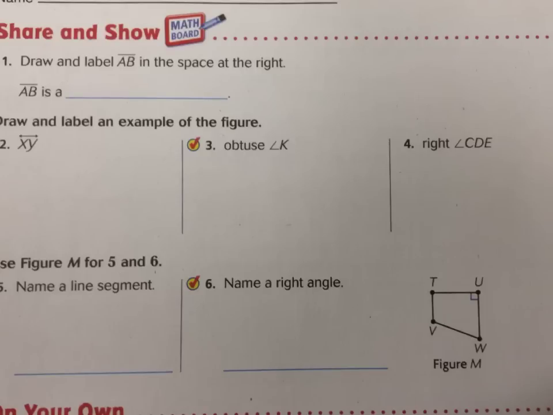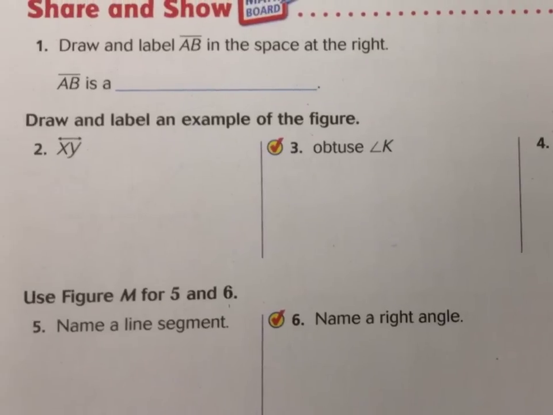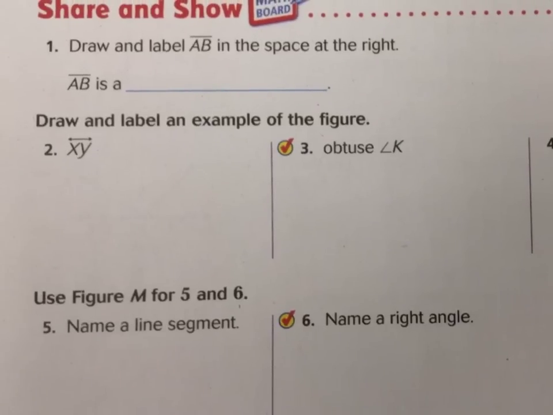So number one says draw and label AB, and it has that line segment symbol at the top, and it says to draw it in the space to the right, and it also gives us a line for us to tell what type of thing we're drawing. So we know that it is a line segment, so we will write that.